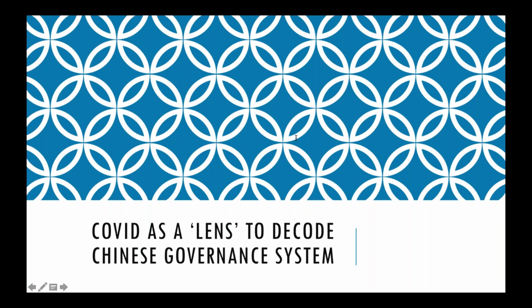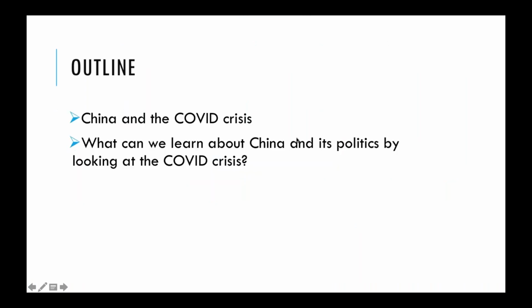So the first point in the presentation is to give you a little bit of overview of China and the COVID crisis. Okay, and this is to just set some background, and one of the specific purposes that I also want to point out is the scale of the crisis.